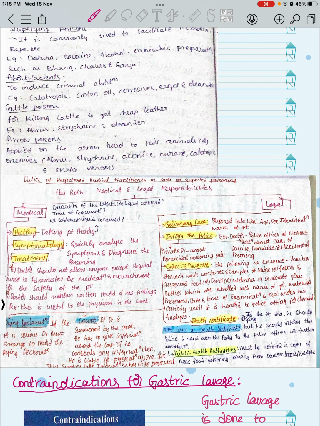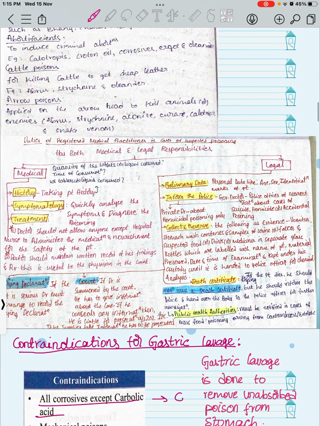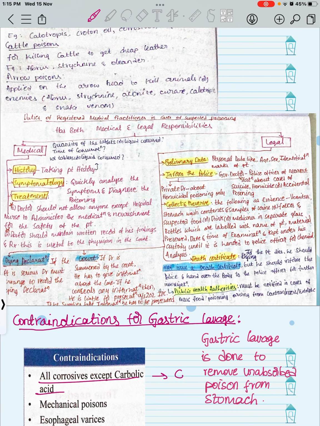Symptomatology: quickly analyze the symptoms and diagnose the poisoning. Treatment: the doctor should not allow anyone except the hospital nurse to administer medication and nourishment, for the safety of the patient. The doctor should maintain a written record of his findings and treatment, which is useful to the physician in the court.